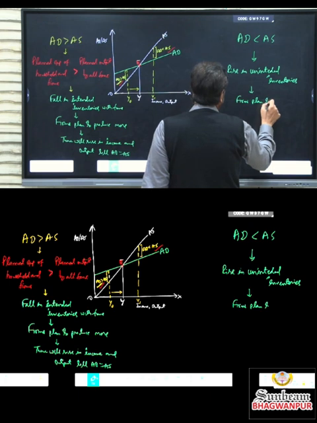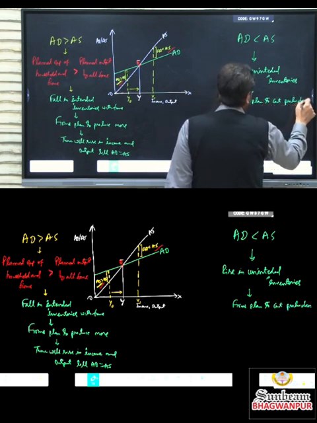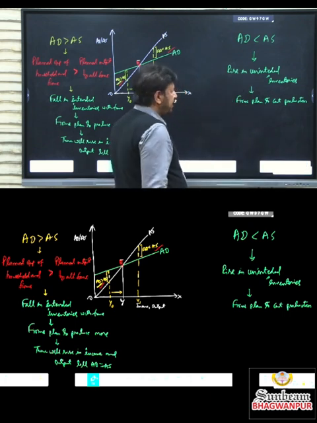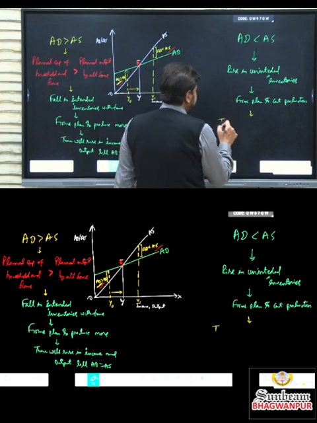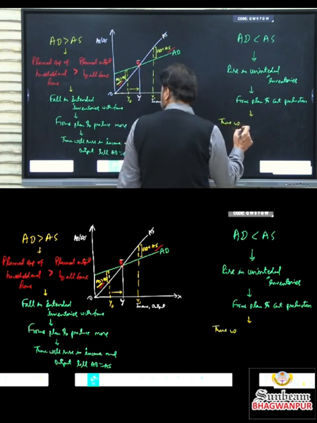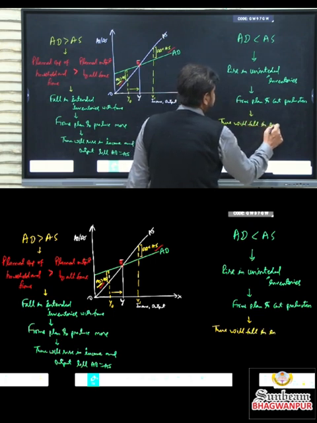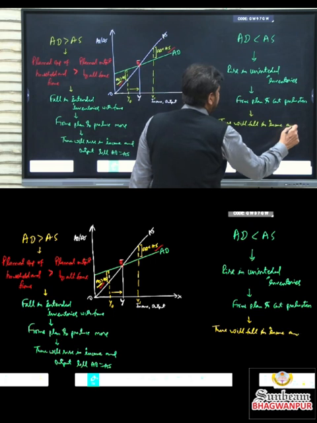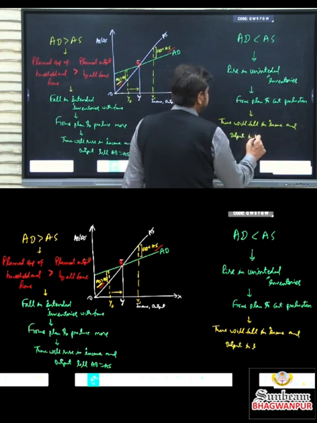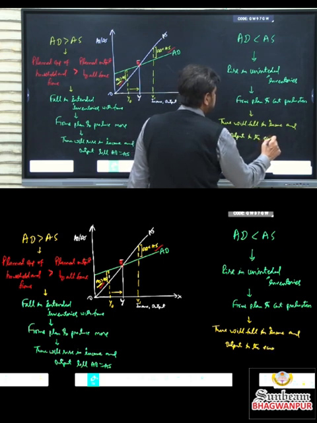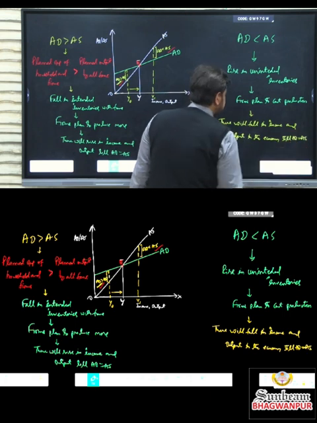So when there is accumulation of unintended inventories, firms plan to cut production. And when they cut production, there will be a fall in income and output in the economy till AD equals AS.